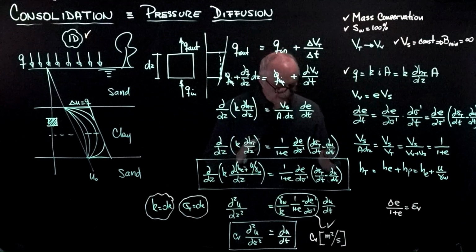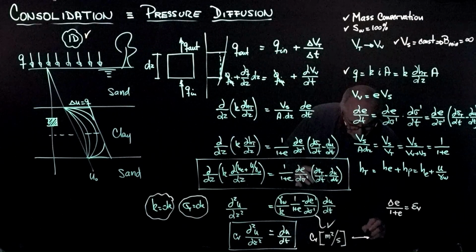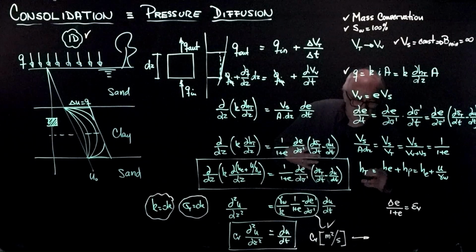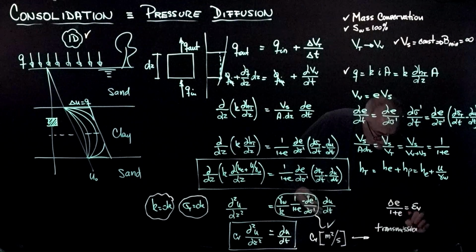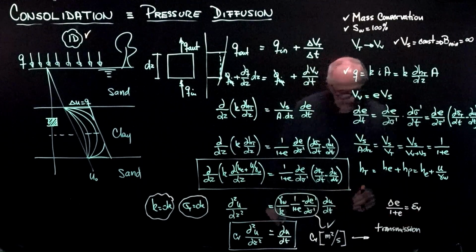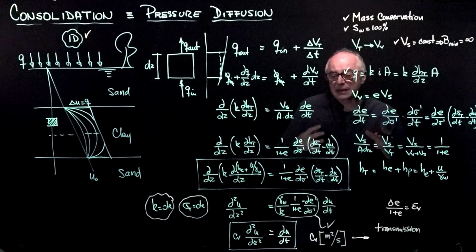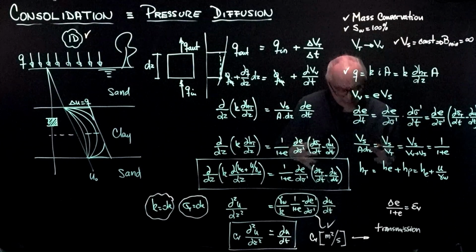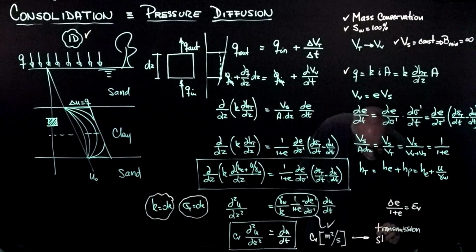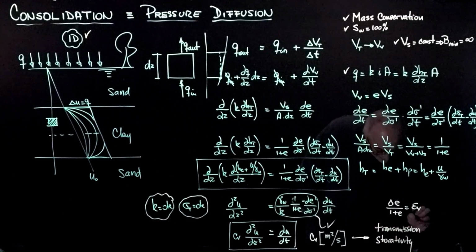Therefore, the coefficient of consolidation combines a transmissivity component, which is the permeability or hydraulic conductivity in this case, and a parameter that relates to the ability to store water in the system. So this is a storativity.